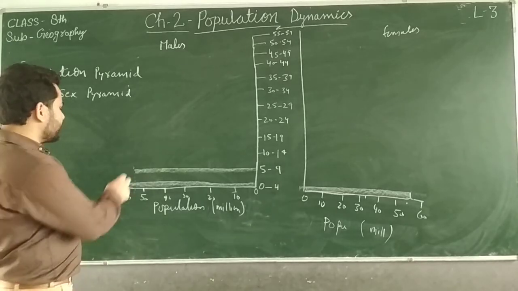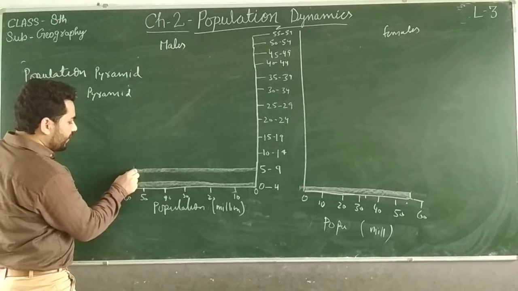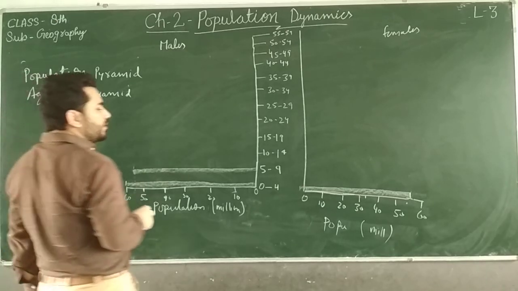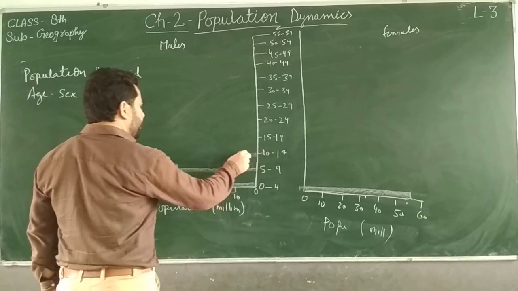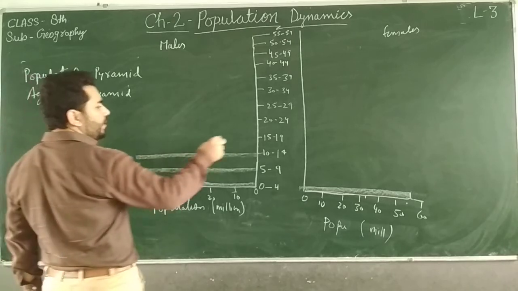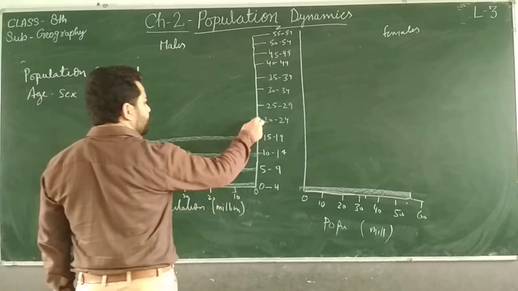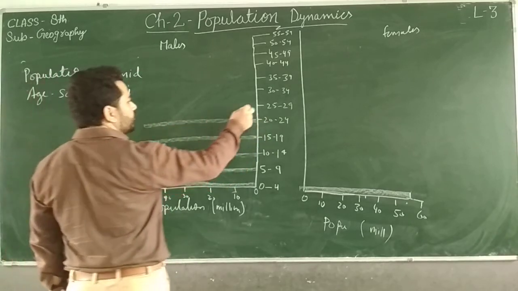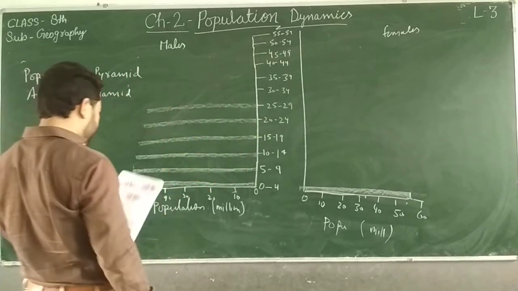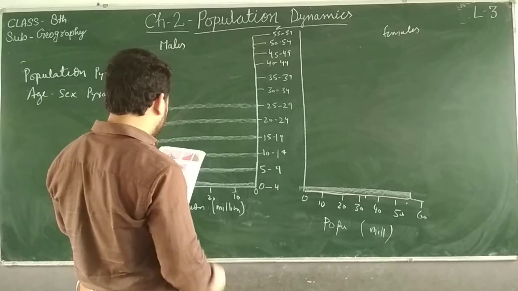Mortality rate is this much, so till here they can die. Then they will keep growing this way, and if the health facilities are good, it will go flat in this form, clear.